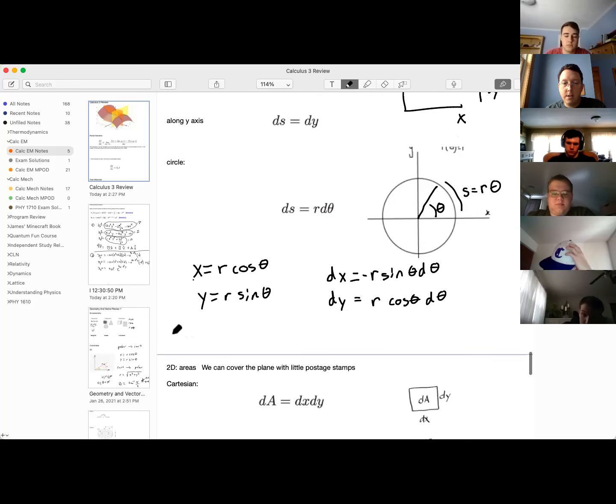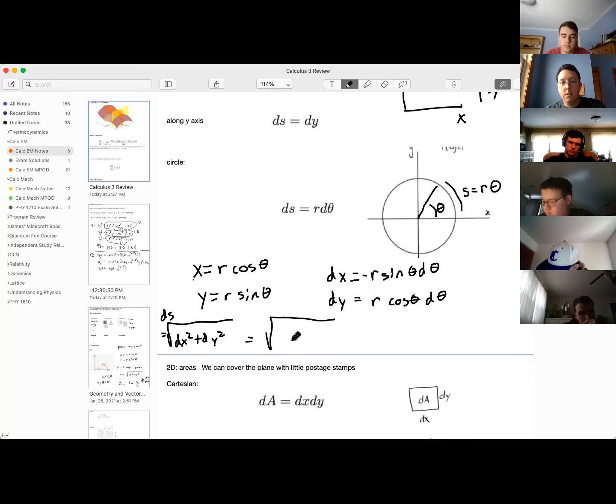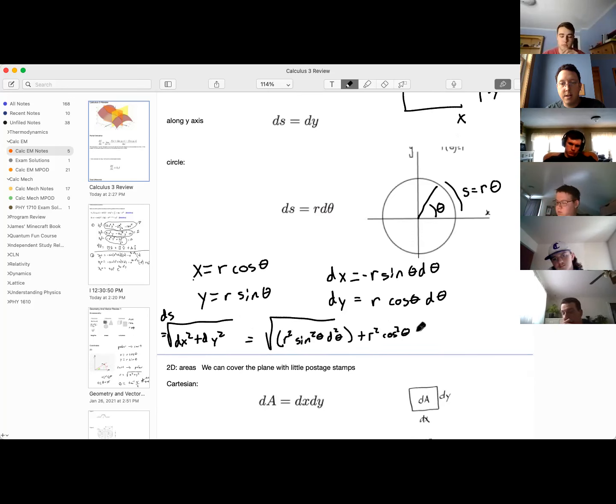So you can evaluate the square root of dx squared plus dy squared, because that's ds, and you get the square root of r, well, the minus sign goes away, so I'm just going to get r squared sine squared theta times d theta squared plus r squared cosine squared theta d theta squared.